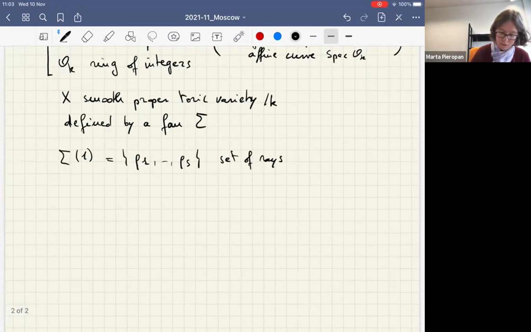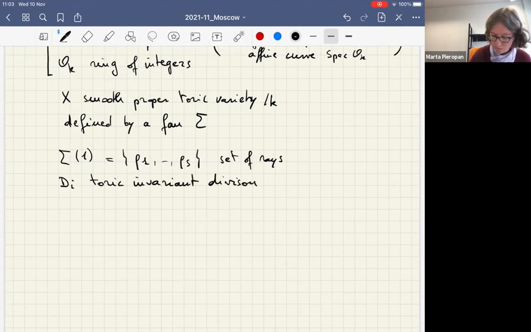And for each of these one-dimensional cones, there is an associated toric invariant divisor, which I call D_i, the toric invariant divisor on X corresponding to, or defined by, rho_i.